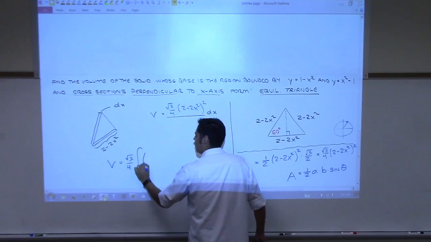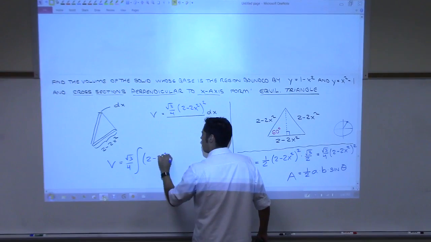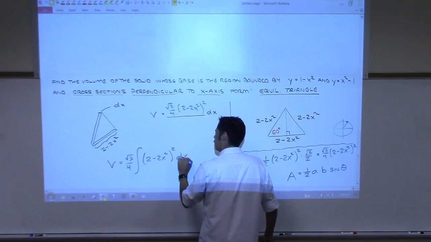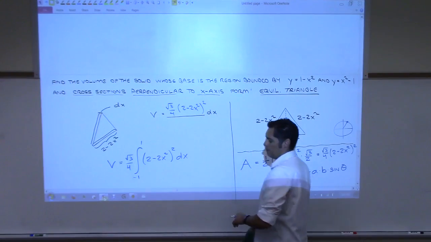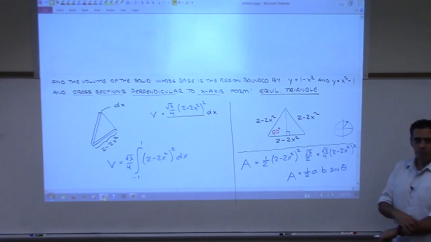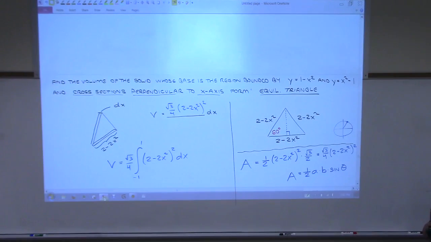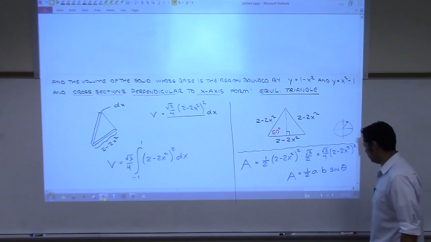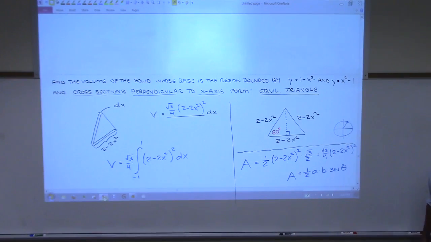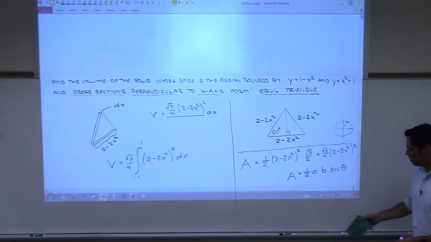And then we have the 2 minus 2x squared, that quantity squared, dx. Forgot my negative 1 to 1. Done. And that's it. That's that last little topic.